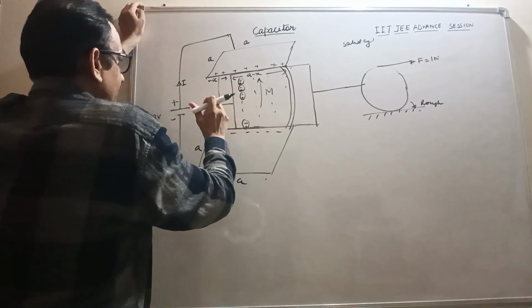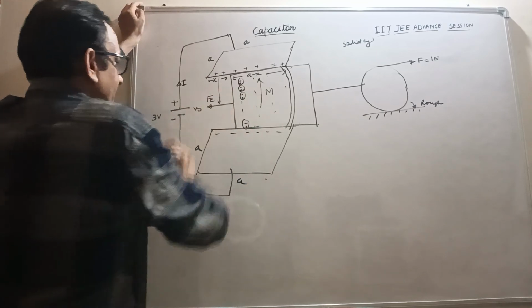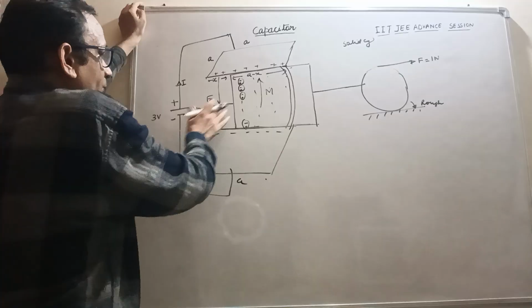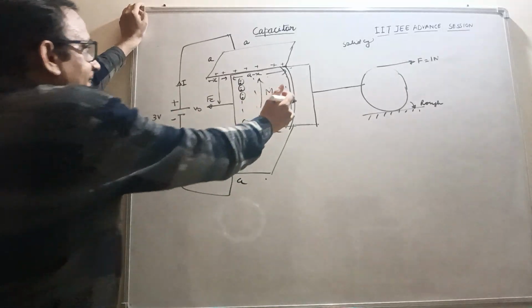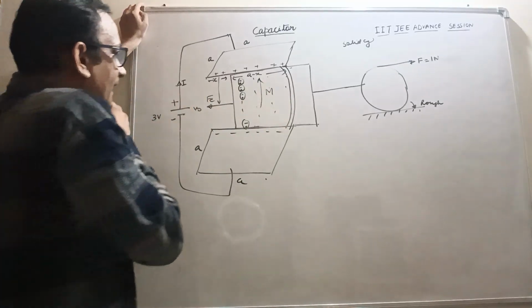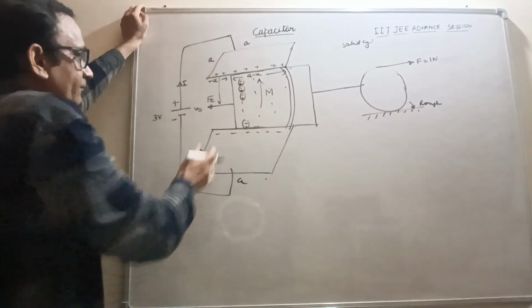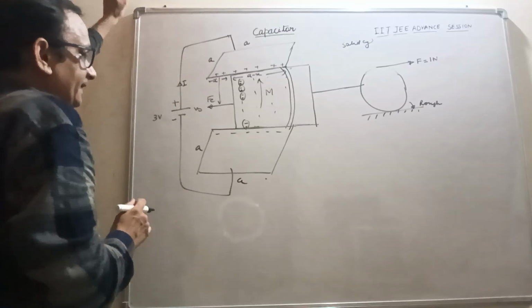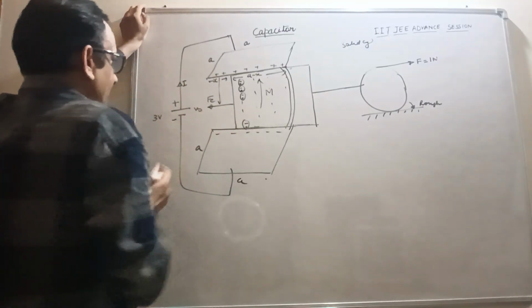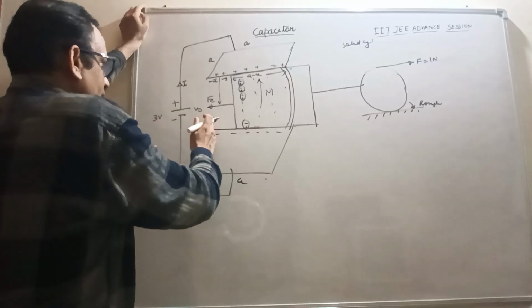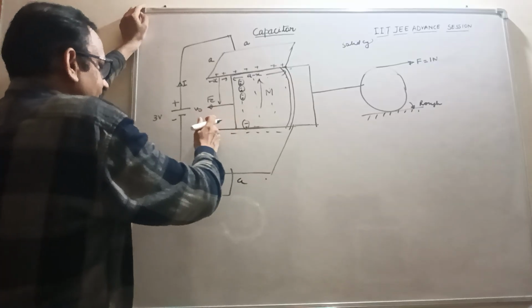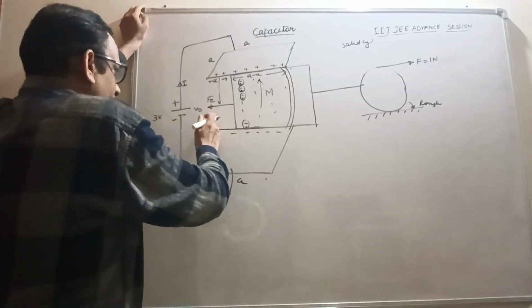This is the electrostatic force, and by this force the dielectric is inserted in this region. Its velocity keeps increasing, the dielectric accelerates, and due to inertia, when it reaches here, it does not stop.